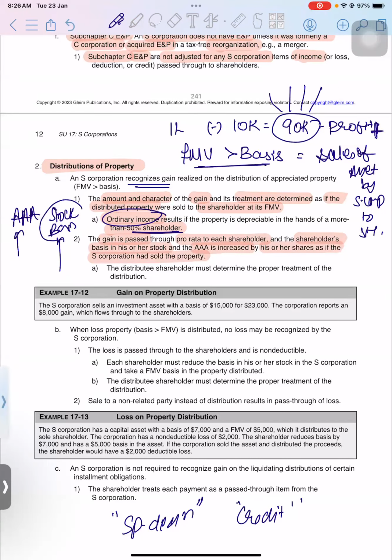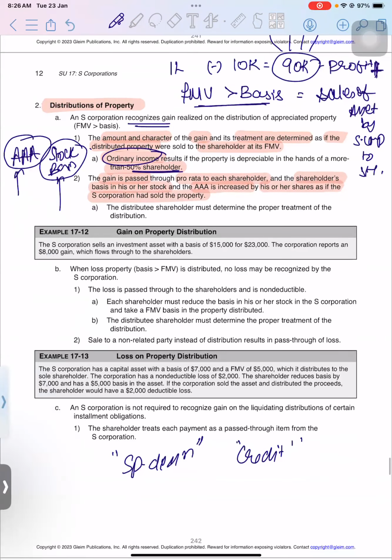Okay, only stock basis and AAA balance will increase. Got it, guys? So the distributee shareholder must determine the proper treatment of the distribution. Distributor means who is going to give the property. Distributee means who is going to receive. The shareholder who is going to receive it will have to determine the proper treatment.